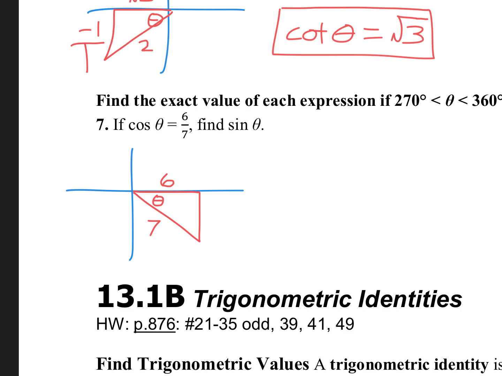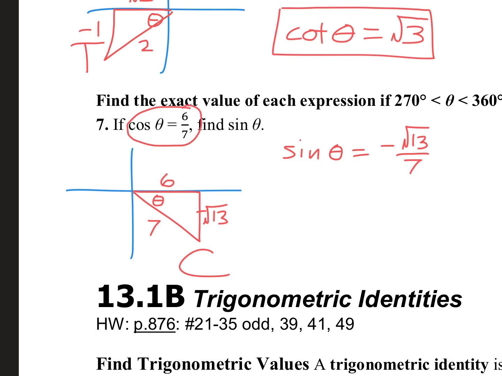I square 6, 36. 49 minus 36 is 13, so this is radical 13. I can put a negative with it because it's a y-coordinate. Now I do opposite over hypotenuse. Double checking ASTC, we know that cosine is positive, but sine will be negative.